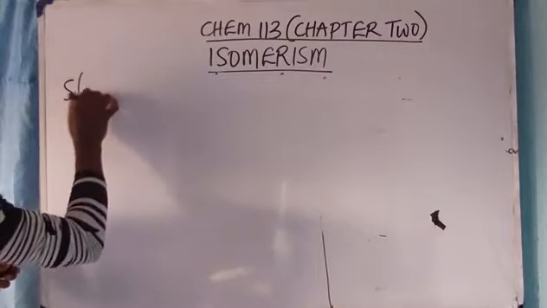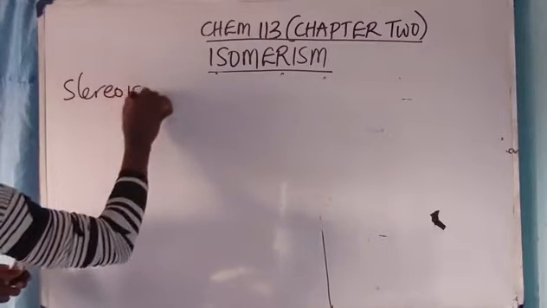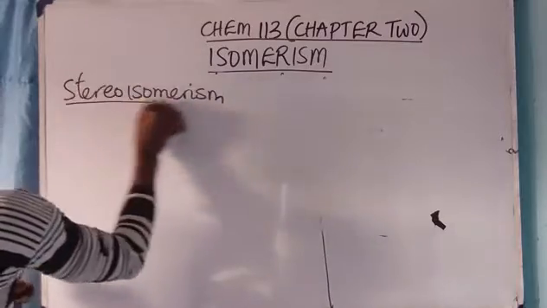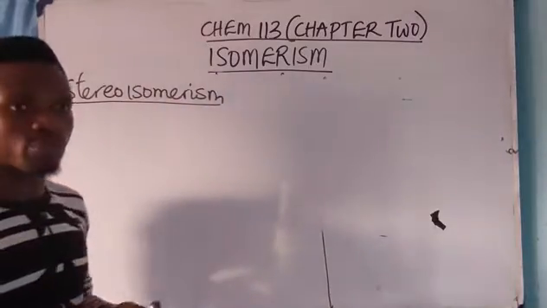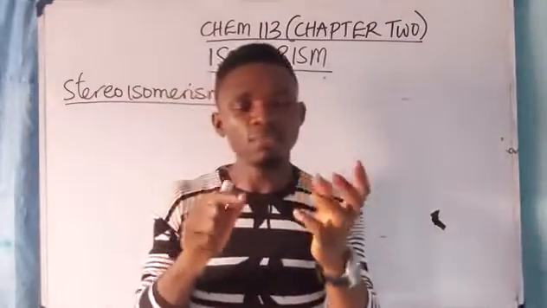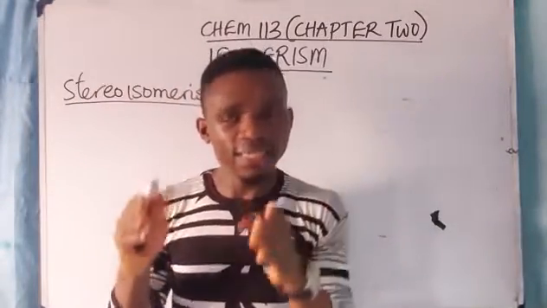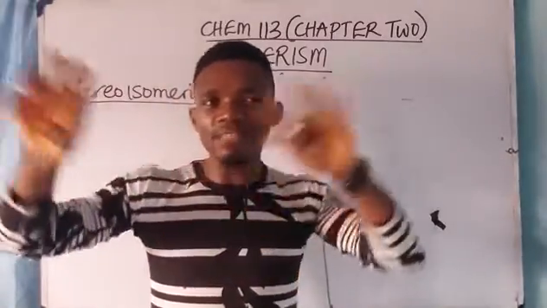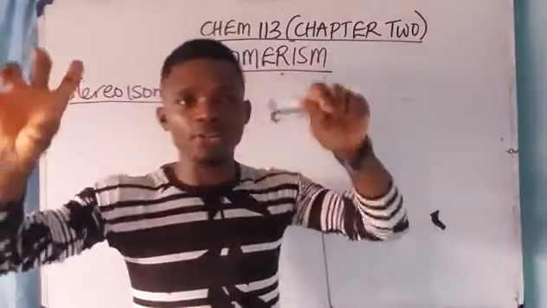Stereoisomerism is a type of isomerism possessed by 2 or more organic compounds having the same molecular formula, the same structural formula, but different in what? The arrangement of their atoms.